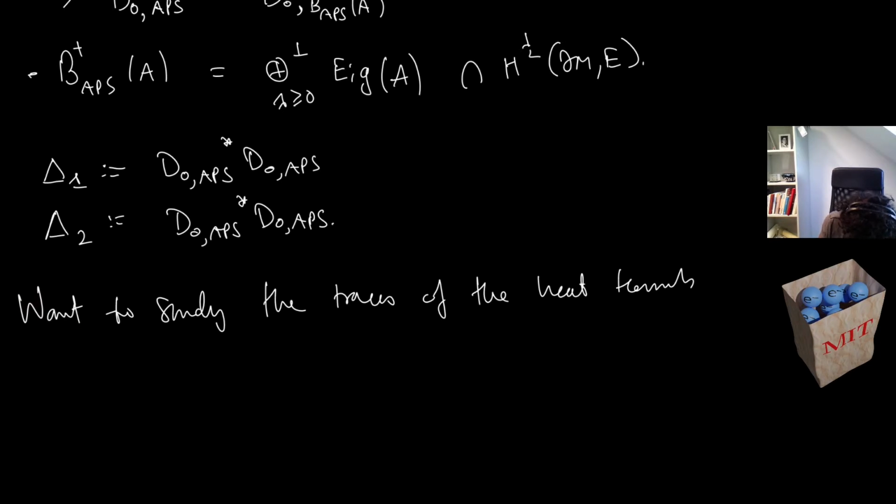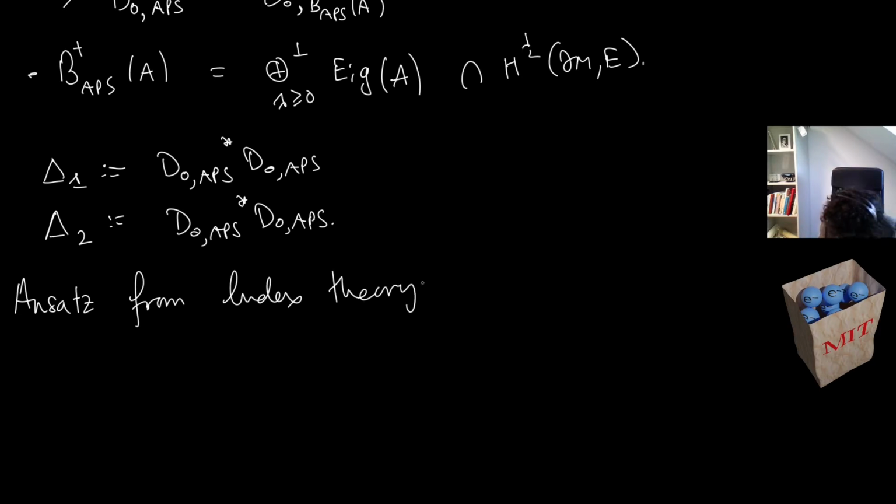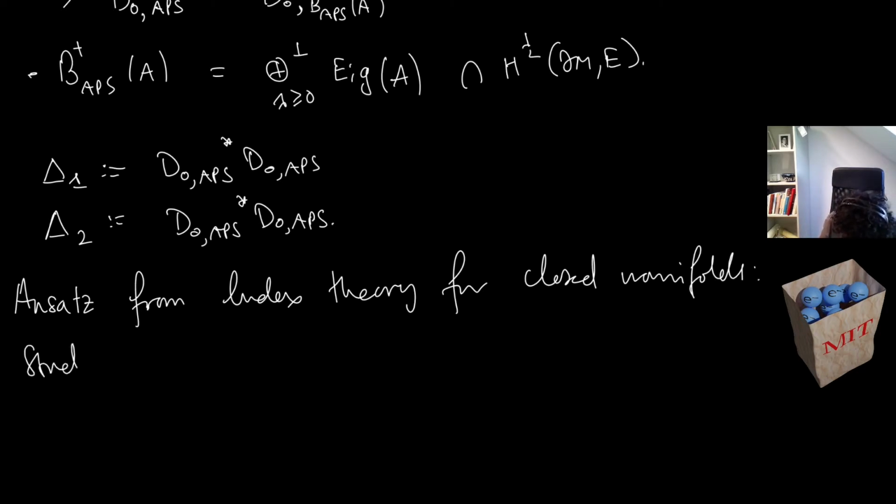So maybe let me say that. So from the ansatz from index theory for closed manifolds, study the trace of e to the minus tau Laplacian 1, and trace of e to the minus tau Laplacian 2.